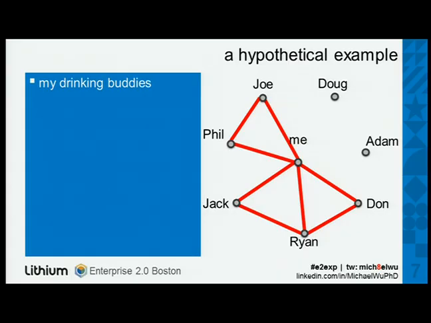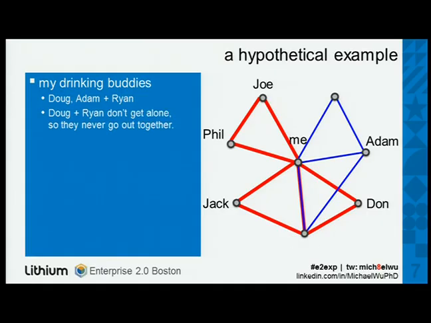Now I could create many other graphs. I actually love to drink beer. I love Belgian beer. So everywhere I go, I drink with people. I drink with Doug, Adam, and Ryan, but somehow Doug and Ryan don't get along. They never drink with each other, so you can see that they are not connected there.